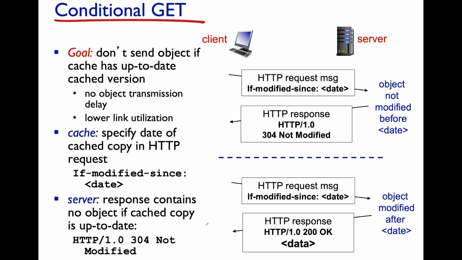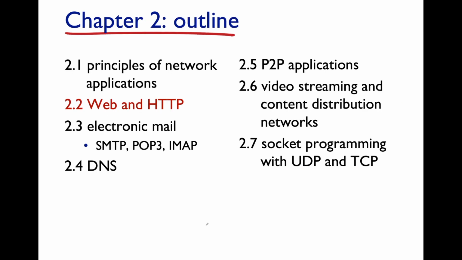I'm not sending it, not modified. In the second case, it says, oh, my copy is newer. Here it is. It's a regular HTTP response message that includes as payload the bits or data of the object that was requested. So essentially, this conditional get implements this notion of don't send it to me in the response unless what you have is newer.